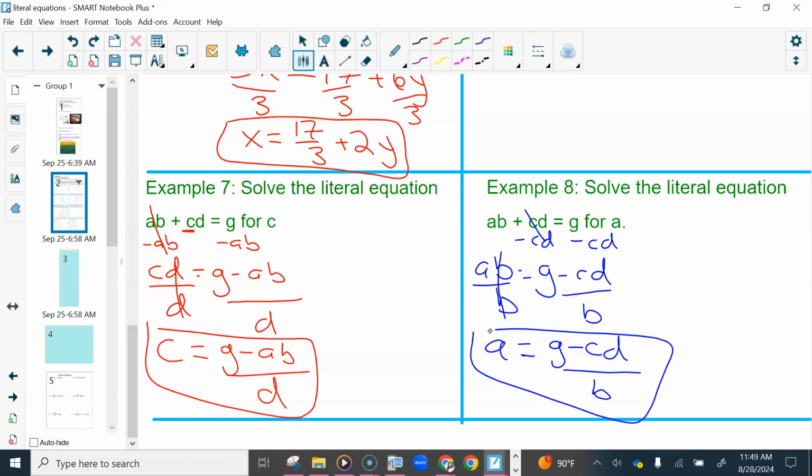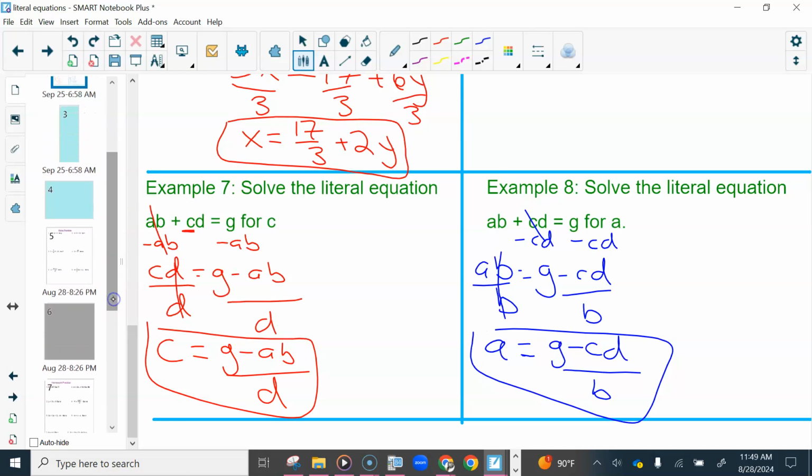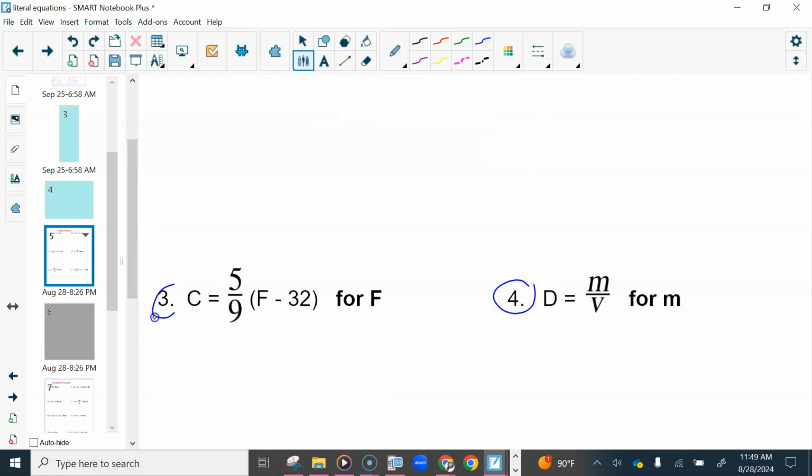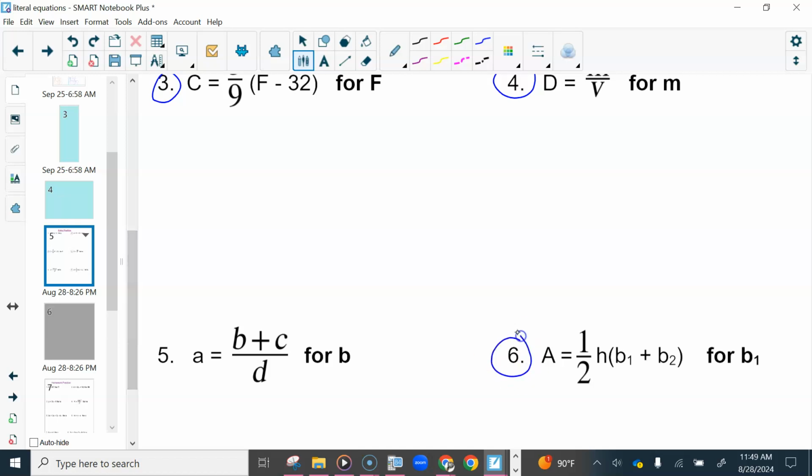Yeah, 6 is confusing. Okay, we will do all 4. 2, 4, 3, and we'll do 6.